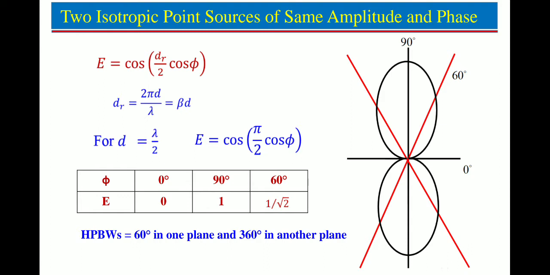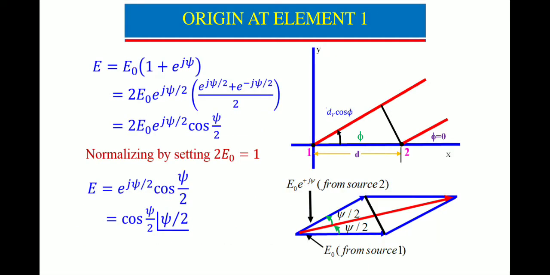So for d equal to lambda by 2, E is equal to cos of pi by 2 cos phi. Similarly, for different angles phi of 0 degree, 90 degree and 60 degree, we can calculate the electric field as 0, 1 and 1 by root 2. So HPBW is equal to 60 degrees in one plane and 360 degrees in another plane.